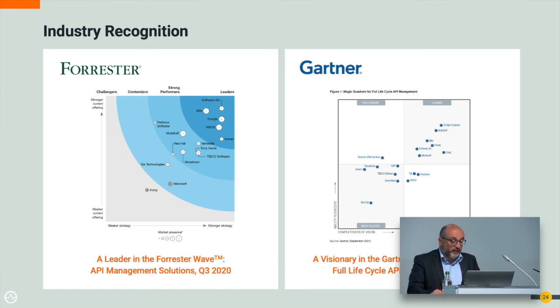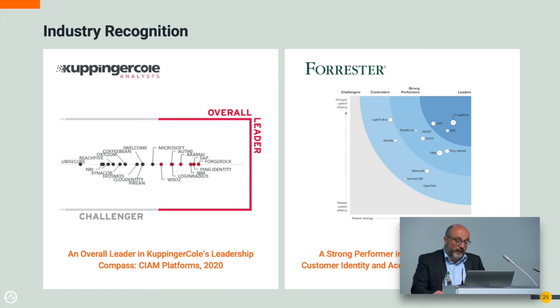We are there together with really big companies like IBM or Google. And this is for the API manager part, and the same is happening for identity and access management. We are considered in the Forrester analyst report, and also by KuppingerCole, which is a dedicated analyst for the identity access management area.